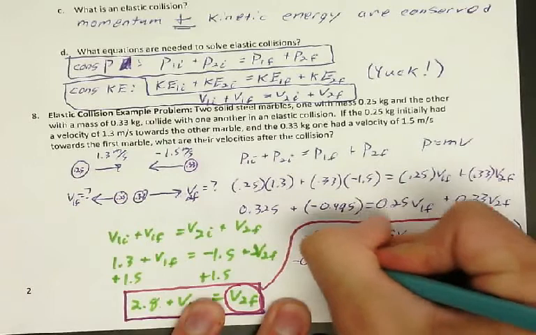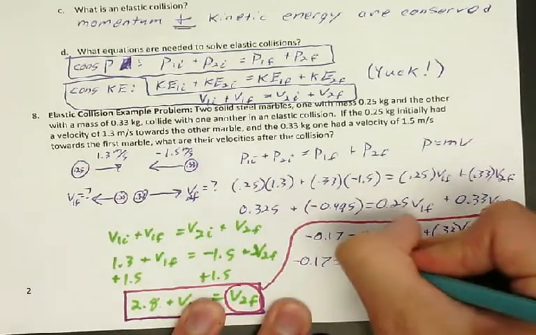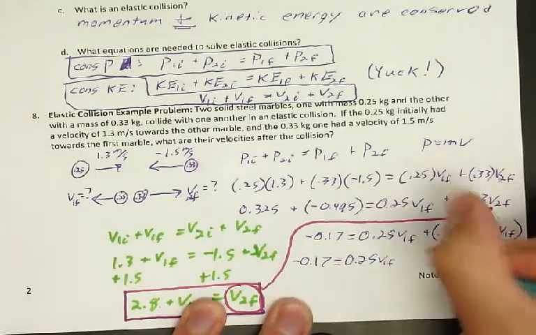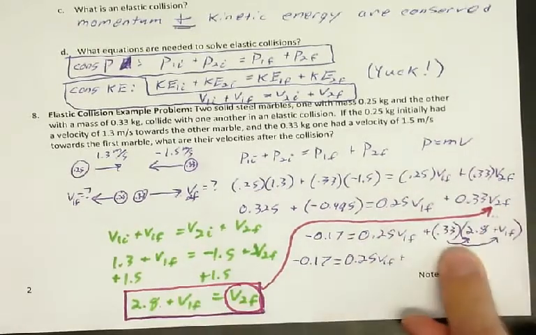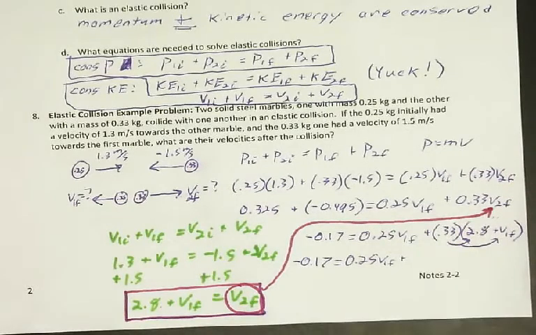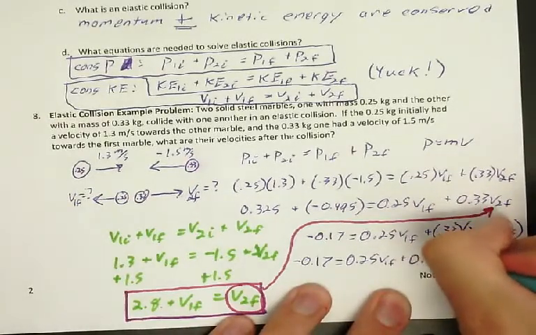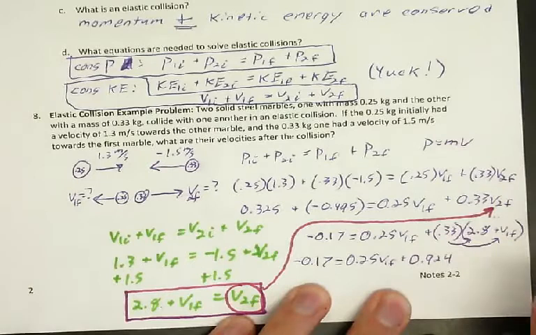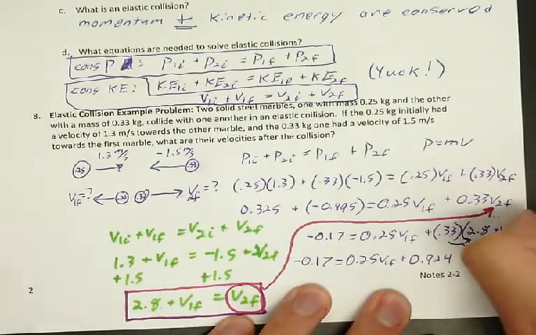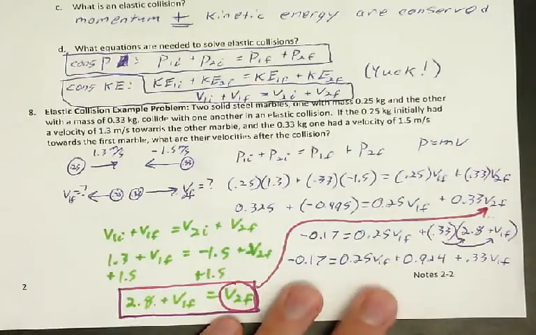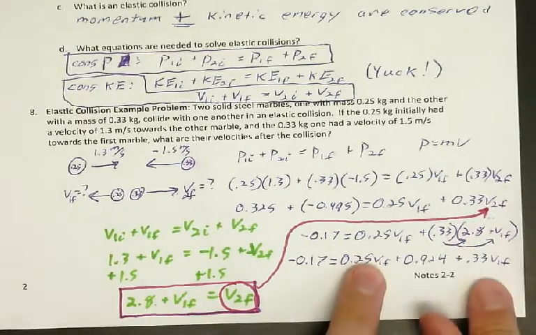Negative 0.17 equals 0.25 V1 final plus, so 0.33 times 2.8 is 0.924. 0.33 times V1 final is 0.33 V1 final. Now, let's keep the V1s together.